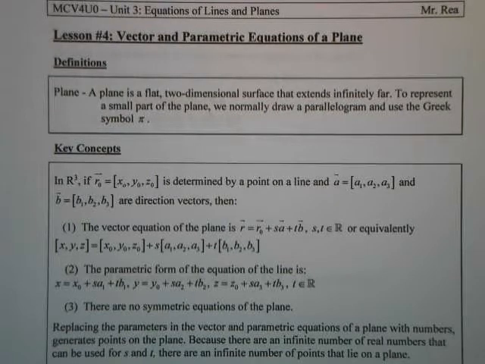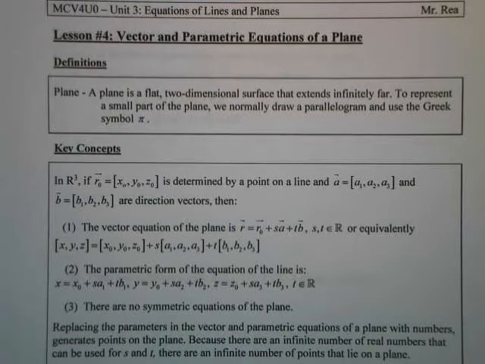We also looked, for R2, at something called the Cartesian equation, which was exactly the same as the standard linear equation that we did in grade 9. We just created it from a vector perspective. So we finished with equations of lines, and now we're going to move on to equations of planes.